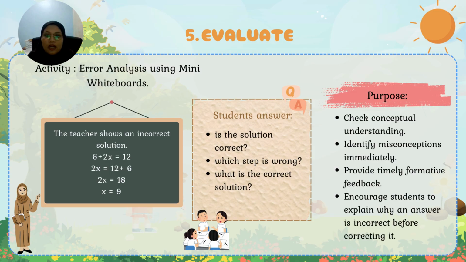So I will show in front of the class the incorrect solutions. For example, 6 plus 2x equal to 12, 2x equal to 12 plus 6, 2x equal to 18, and x equal to 9. So what students need to do is think: is the solution correct? If not, which step is wrong and what is the correct solution?